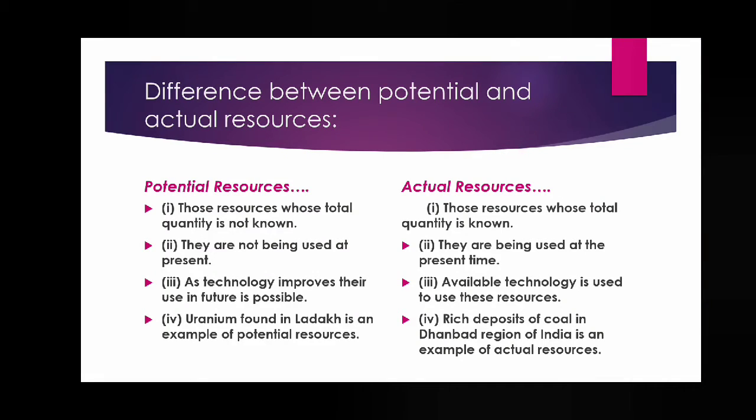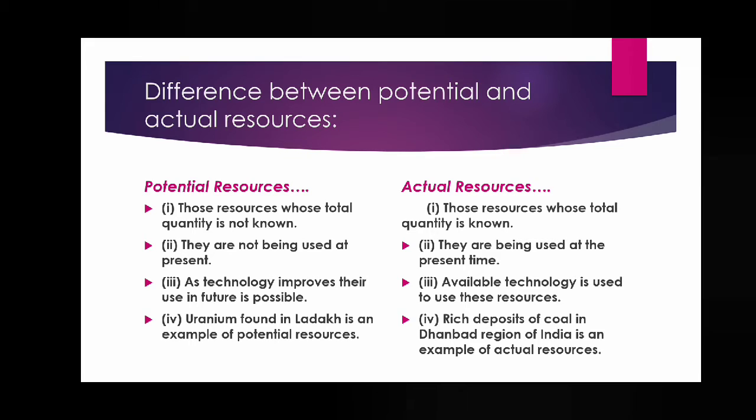Now come to the next, difference between potential and actual resource. That means we have come to the last classification, which is on the basis of development. I have already told with the help of an example what is called potential and what is called actual. Potential means you know it is present, you know it can fulfill your needs, but till now you have not started to use it properly.